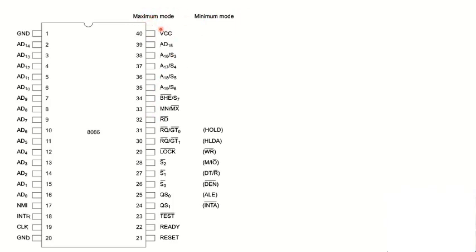As we discussed earlier, out of 40 pins or signals, 32 pins are common and 8 pins are dedicated to maximum mode and minimum mode. At a time the processor will work either in maximum mode or minimum mode. This mode of operation is decided by this pin. Now we will discuss these pins or signals one by one.